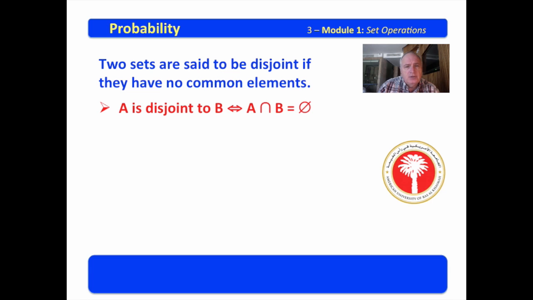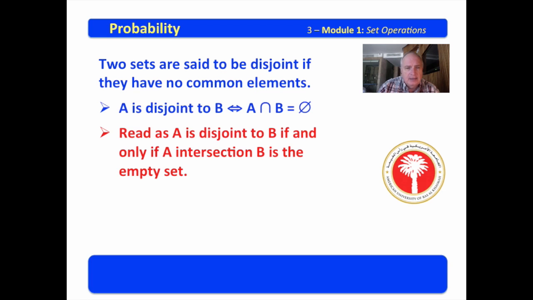A is disjoint to B if and only if A intersect B is the empty set. This means that their intersection has nothing in it. They have nothing in common. That is read as A is disjoint to B if and only if A intersect B equals the empty set.